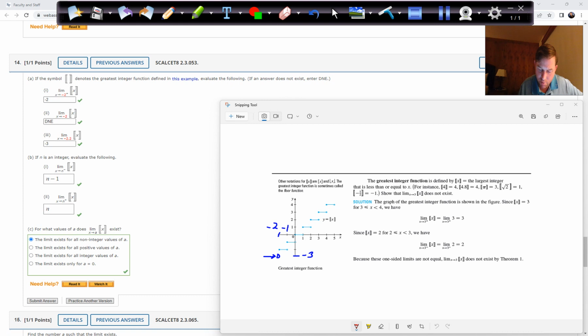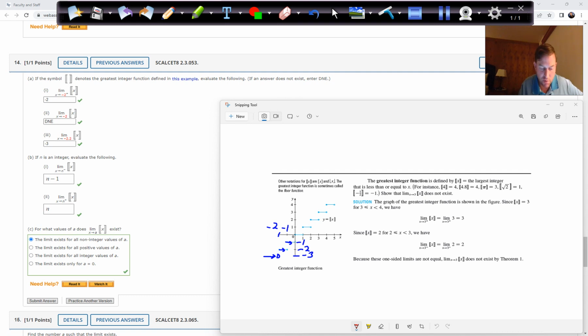If I approach -1 from the left, I'm actually on the -2 line. If I approach 0 from the left, I'm actually on the -1 line. So the number I'm approaching, my y value is always 1 below that. So I approach -2, my answer is -3. I approach -1, my answer is -2. So the answer would be your number -1.